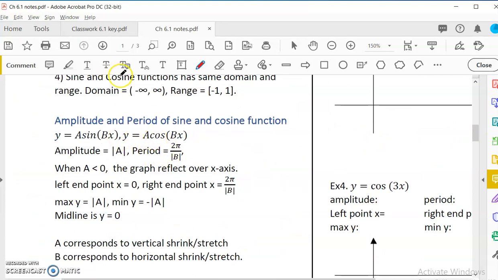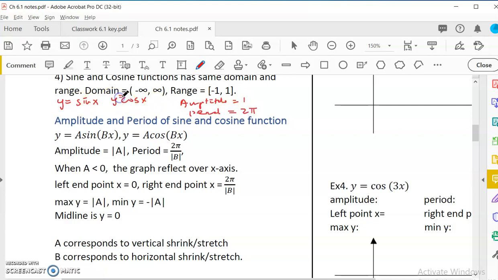For the basic sine and cosine function, y equal to sine x and also cosine x, the amplitude is equal to 1 and the period is equal to 2 pi. So that is for the really basic one.